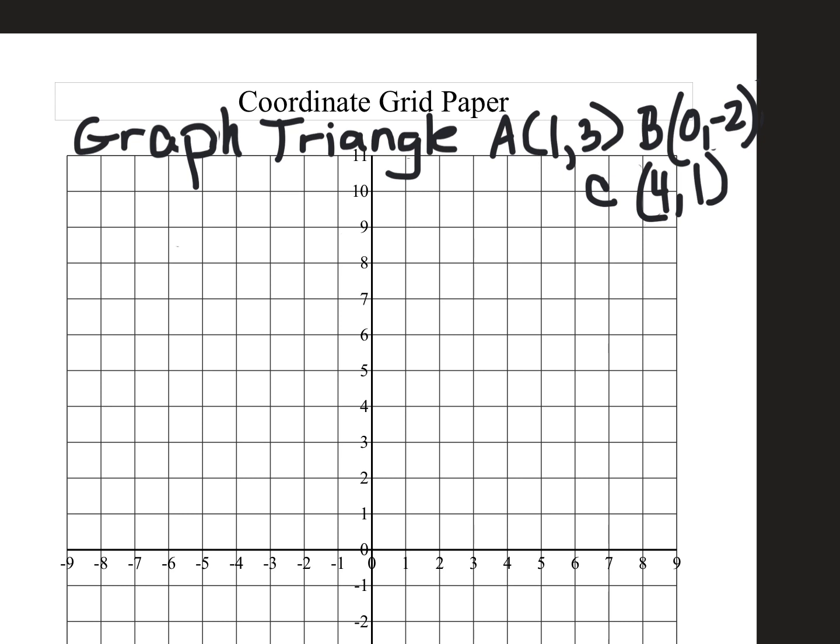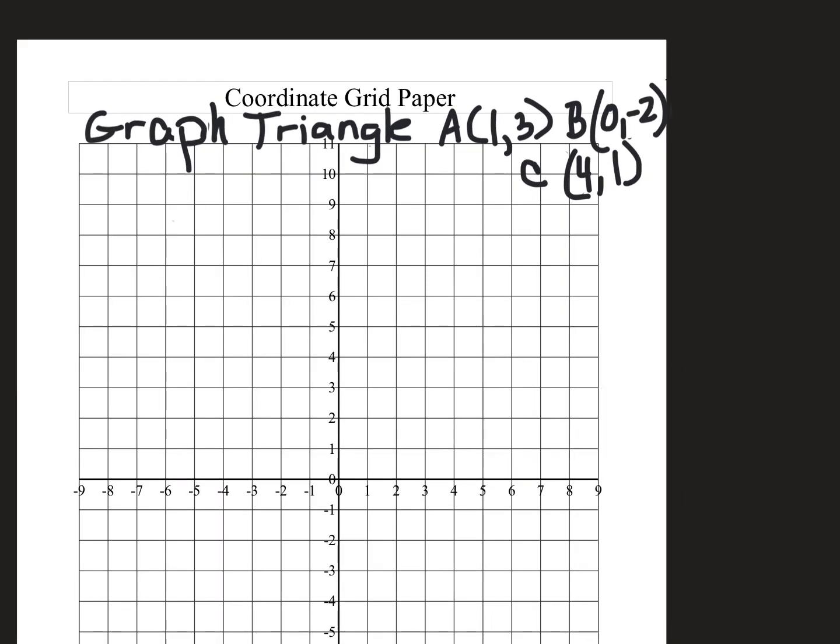And then we're going to shift it. A lot of you already have this, so I'm going to go ahead and show you what it should look like. Because A is a +1 and a +3, that means that A is going to be up here. B is a 0 and a -2.